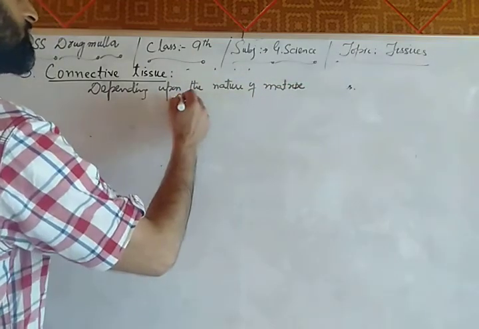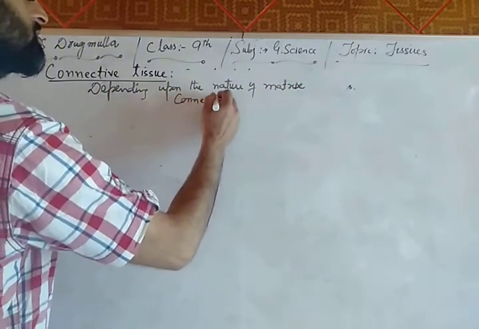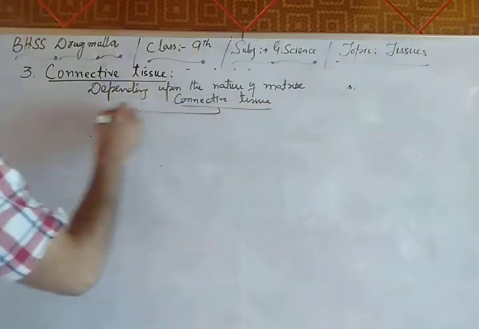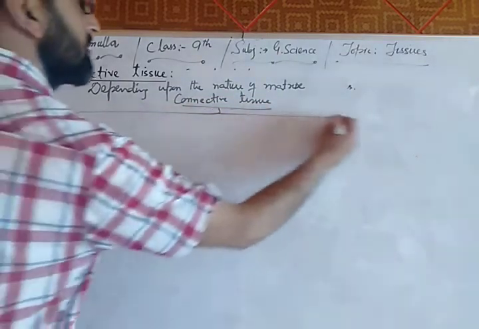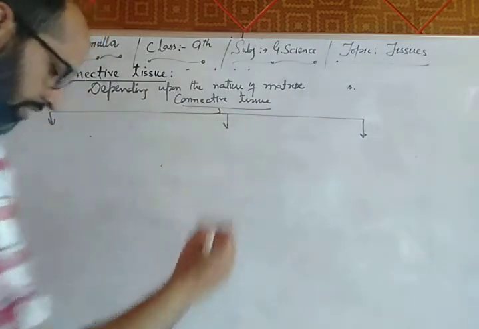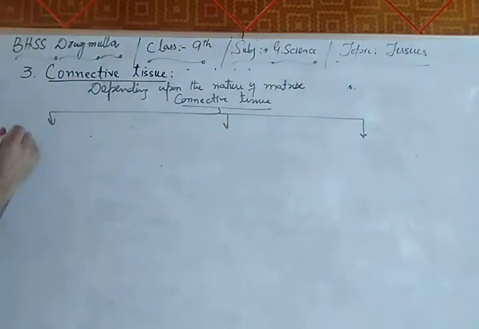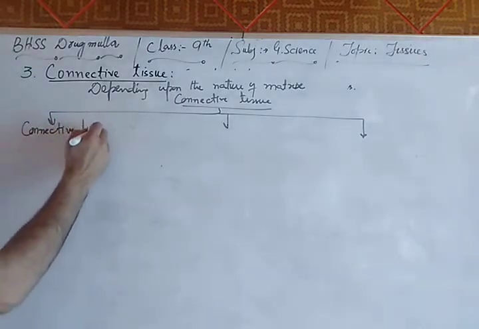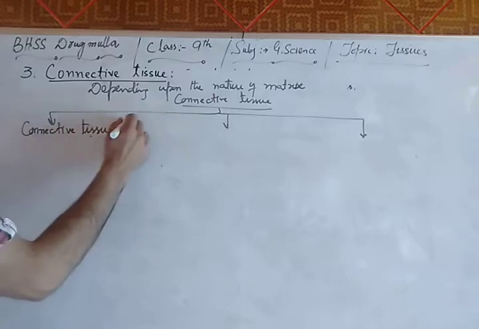this connective tissue is of three types. We may categorize it into three categories. Number first is the connective tissue proper.